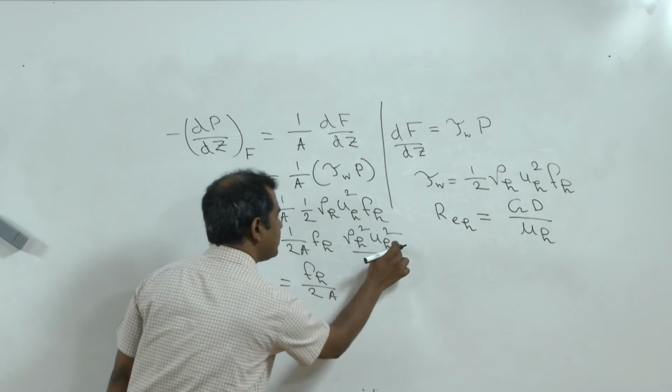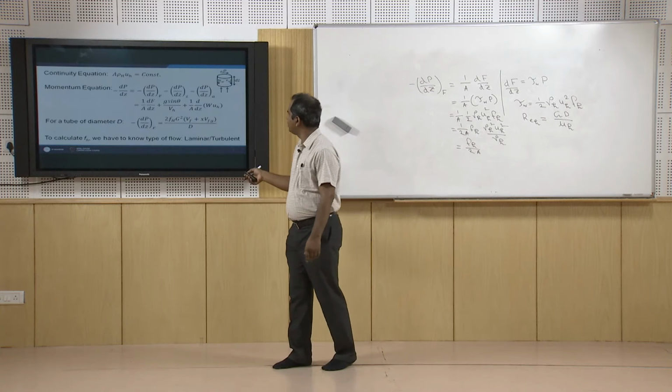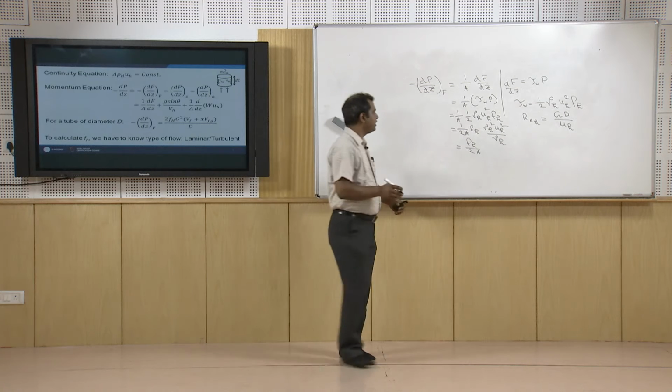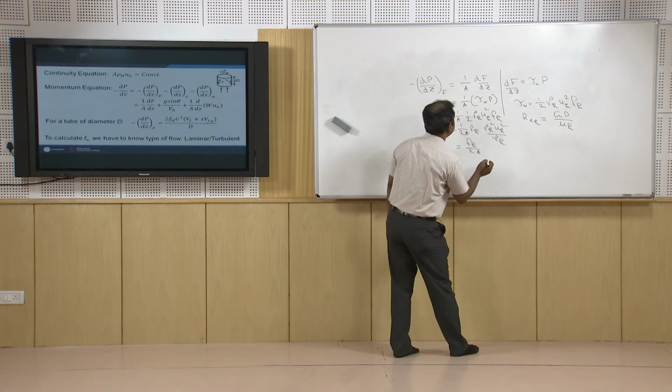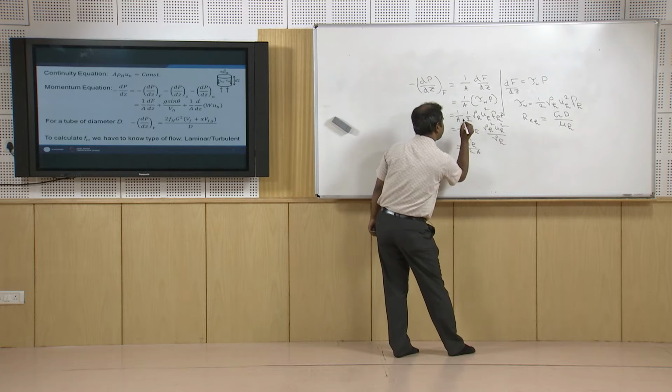Now, this rho_h into u_h is actually your G, so we can write this as G. By the way, I have missed the P over here, so let us keep P also.